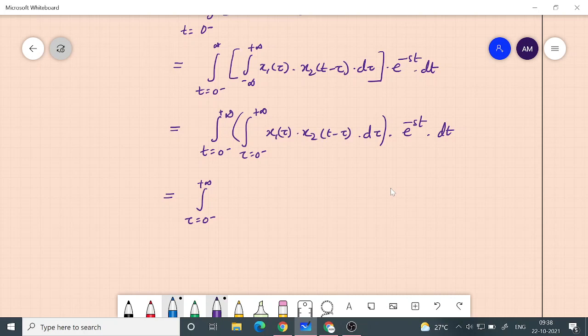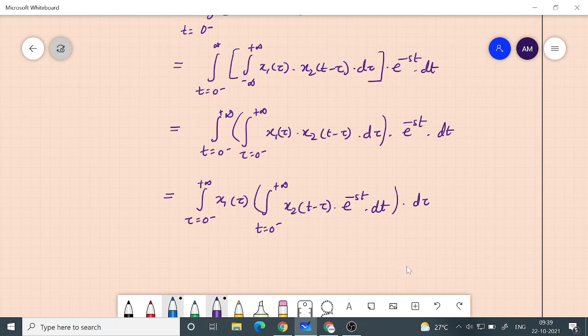Whatever is only a function of tau, I can take outside, that is x1 of tau, and then I can keep all other terms inside. So t going from 0 minus to plus infinity, there is x2 of t minus tau, and then e raised to minus st, and then dt. This I will put in a bracket, and outside I will have a d tau.